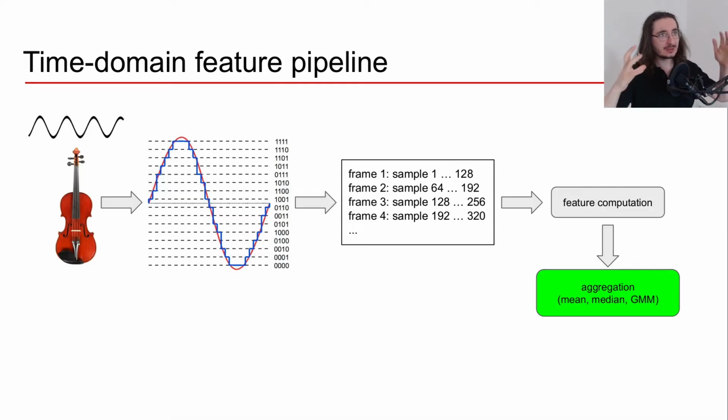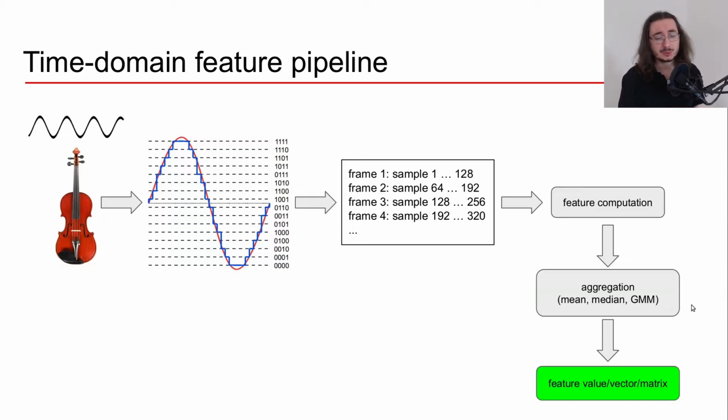So it's a descriptor for the whole duration of a sound, and we can aggregate that by using statistical means like the mean, the median, the sum, or things that are a little bit more sophisticated like Gaussian mixture models, GMMs for example. And so out of this process we get a final value.